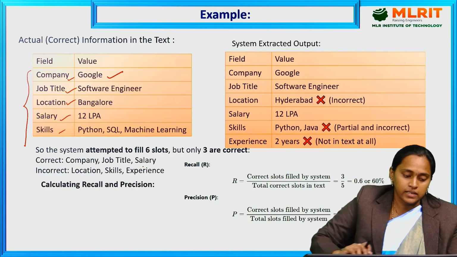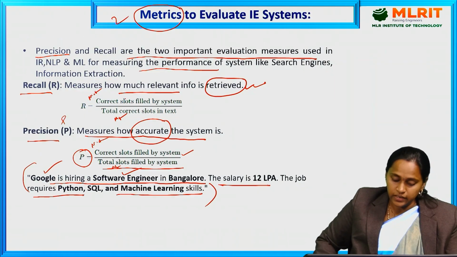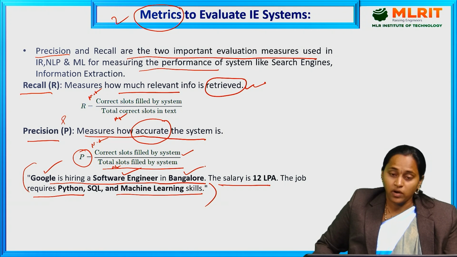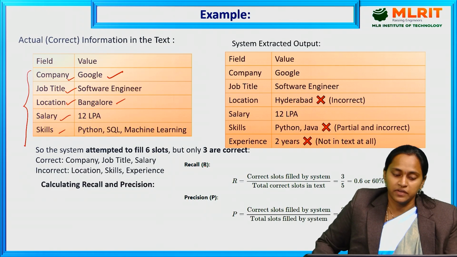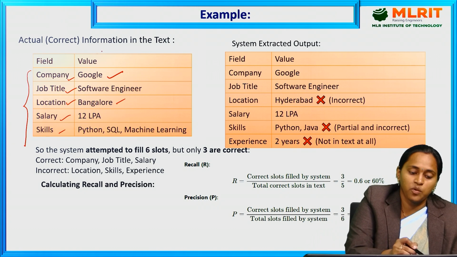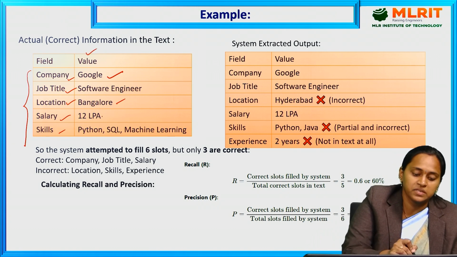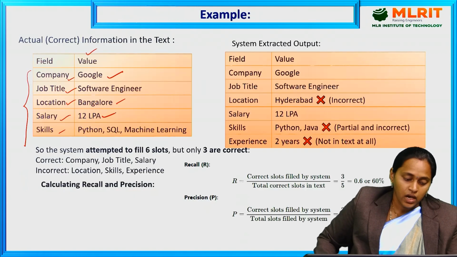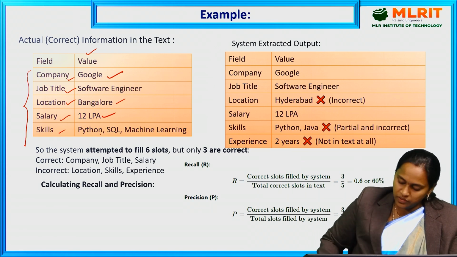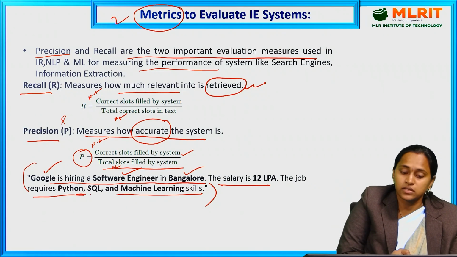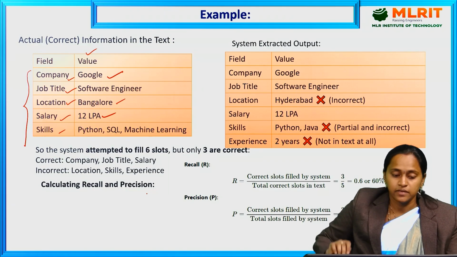Another one, the location is Bangalore, right? These are the correct, accurate information the user takes from the text. The salary is 12 lakhs per annum. And next, the skills are Python, SQL and machine learning. These are the skills in the sentence, right?